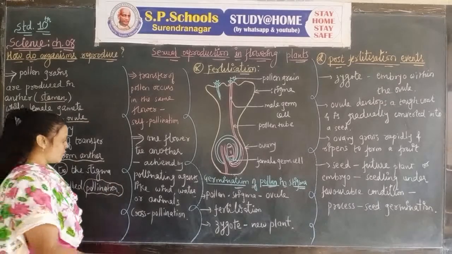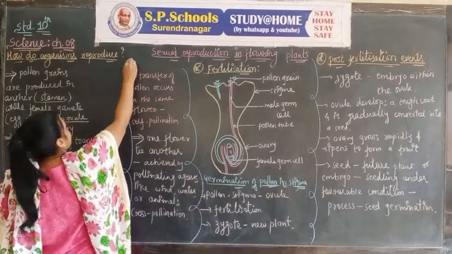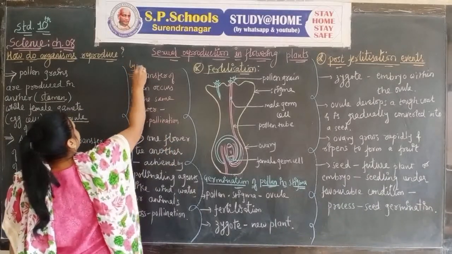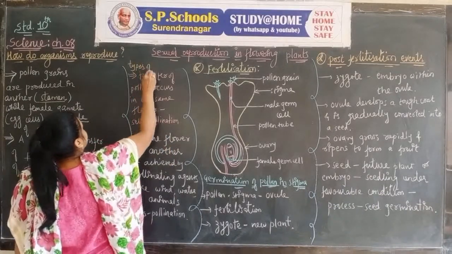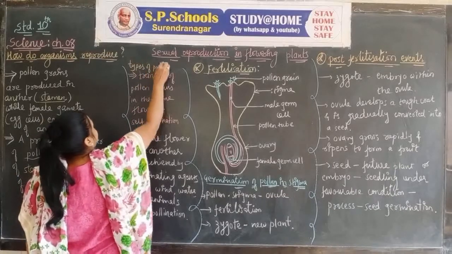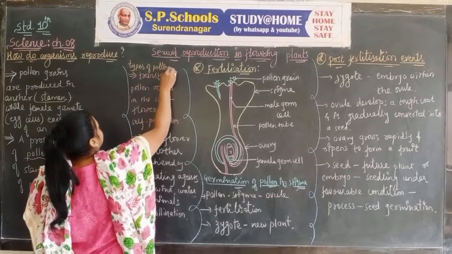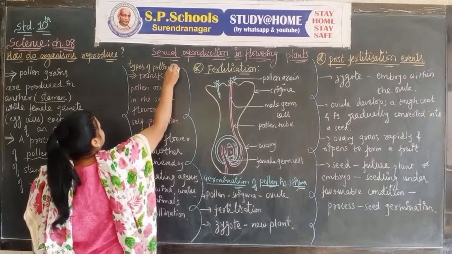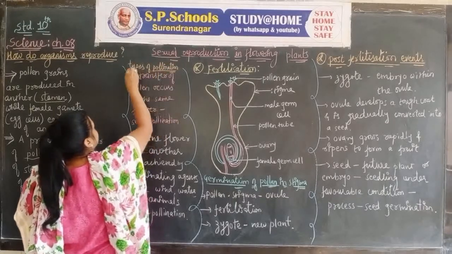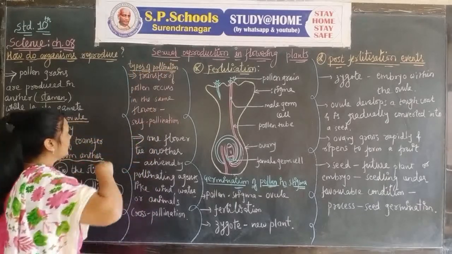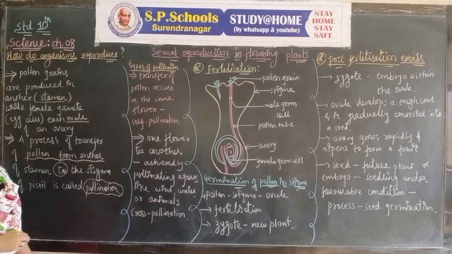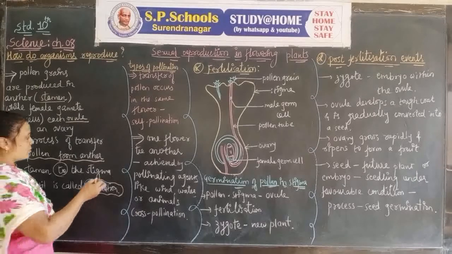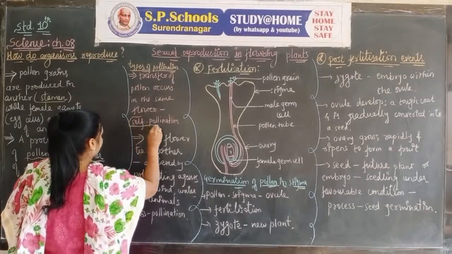Two types of pollination can occur: self-pollination or cross-pollination.